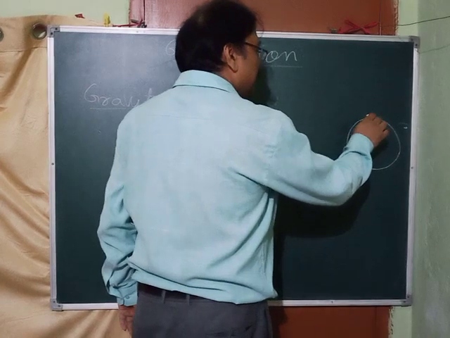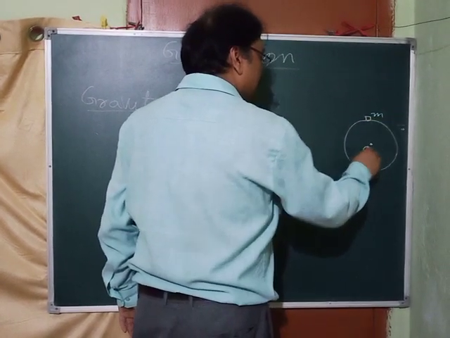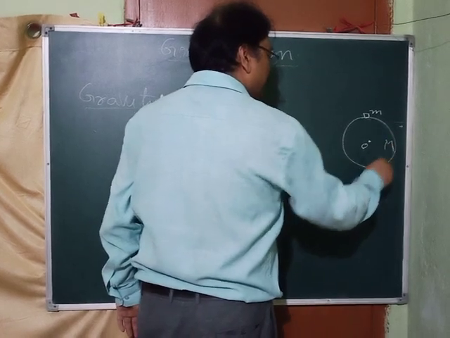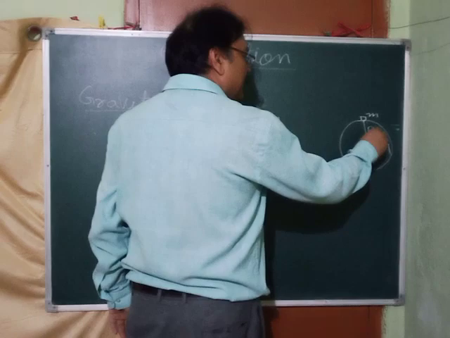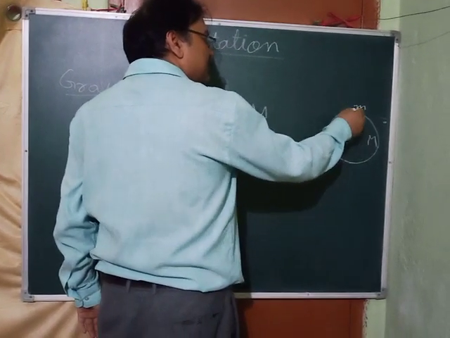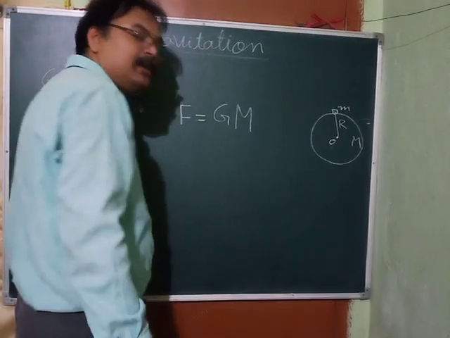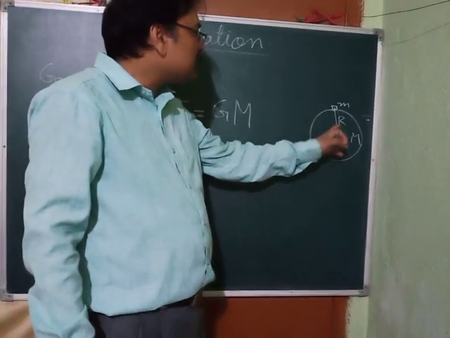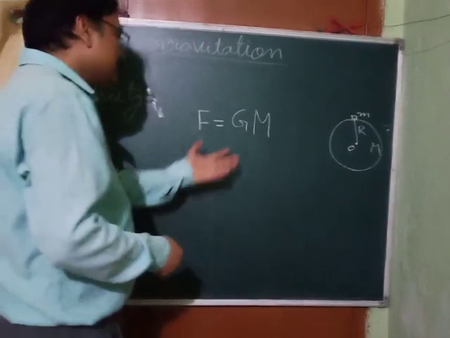Here an object is placed, a small object of mass small m. Mass of the earth is capital M. And this distance is how much? Radius of the earth is capital R, and this distance is very small, so we can neglect it. The distance from the center of the earth to the center of this object is almost equal to the radius of the earth. So what can we write?